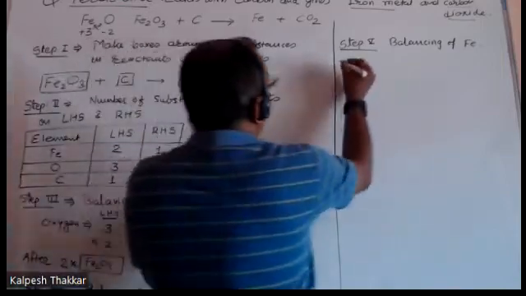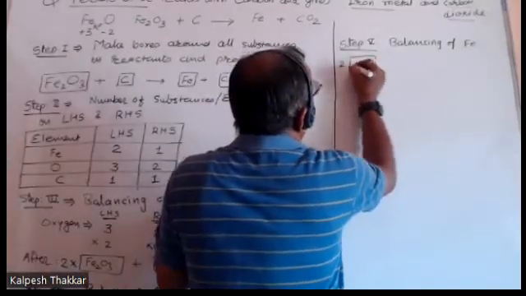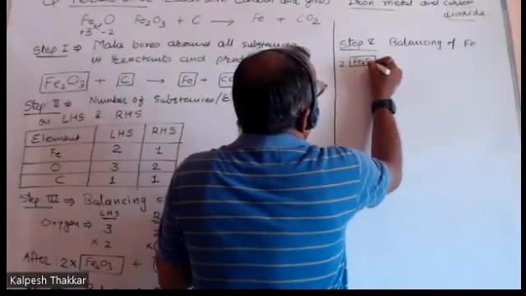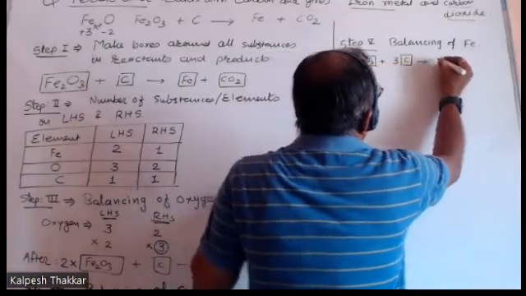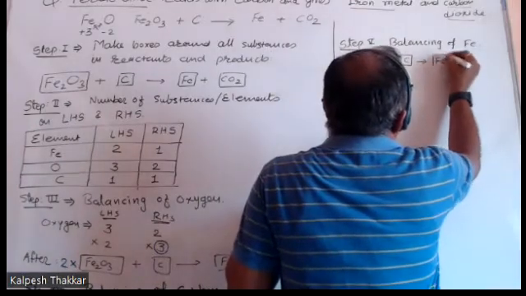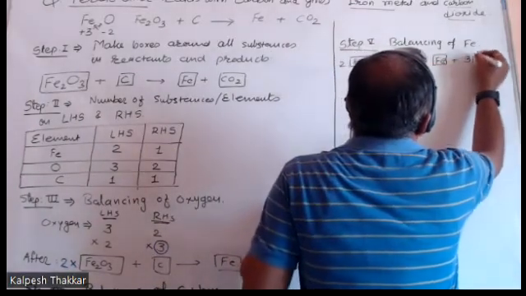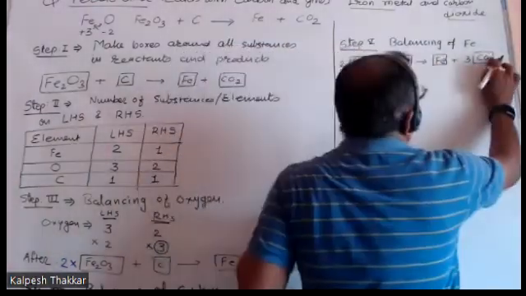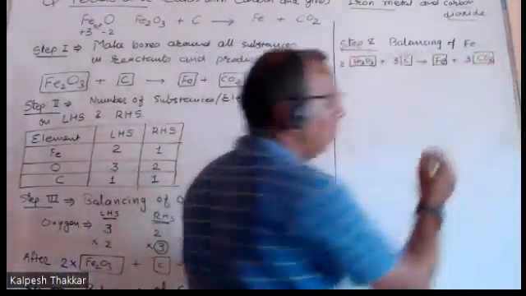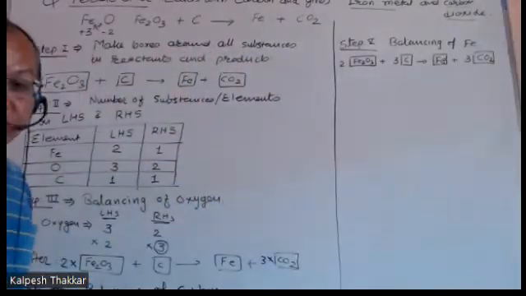The available equation is 2 times Fe2O3 plus 3 times carbon gives us Fe plus 3 times CO2. Once again I tell you, friends, this is taken from the last step.